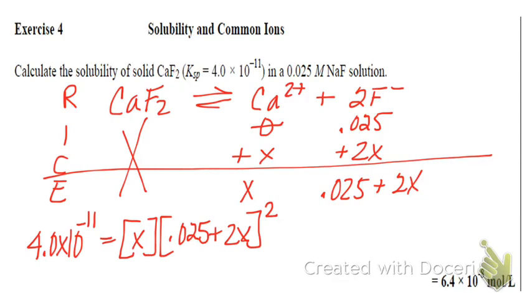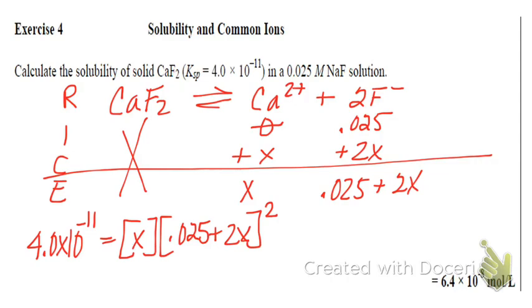So we do something called neglect the x value. If you're saying this on an AP test, you need to say neglect x. You need to tell them that I'm neglecting x because it's going to be so small.